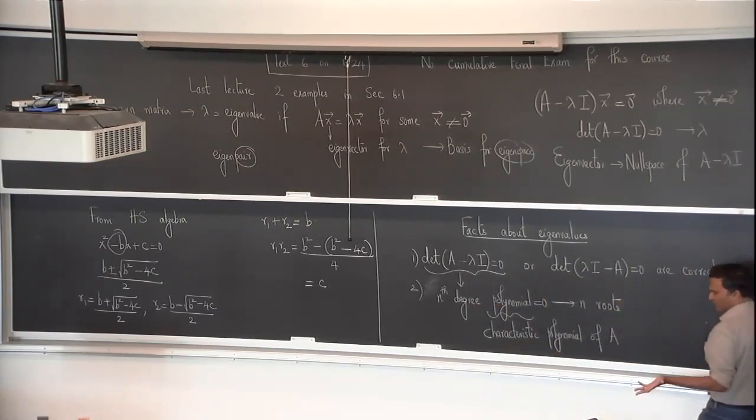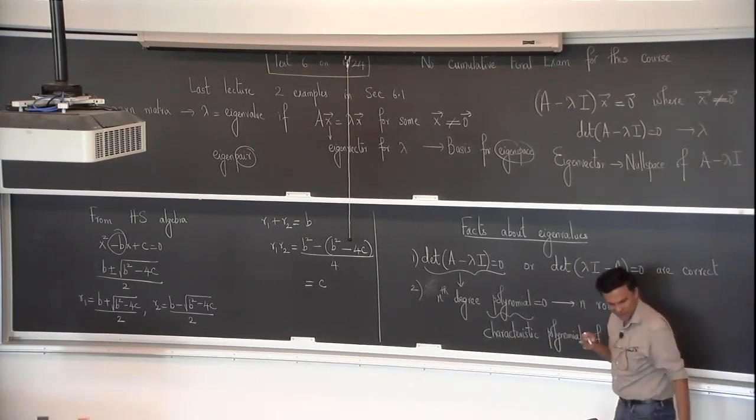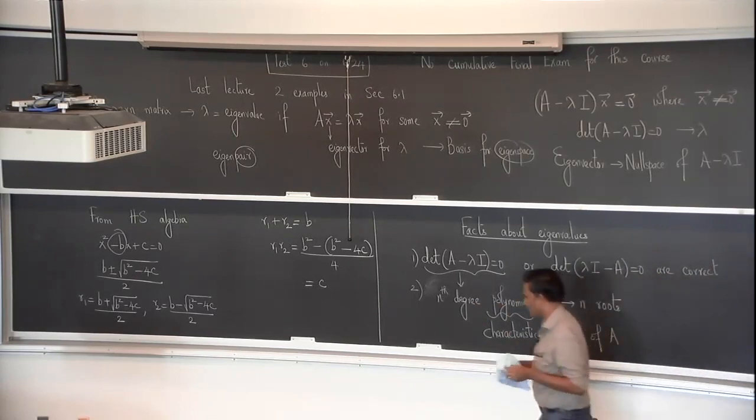Now, when you do problems in this course, what can you expect? It's usually a 2 by 2 or a 3 by 3. So it's nice to have some idea about what kind of situations you could end up in.